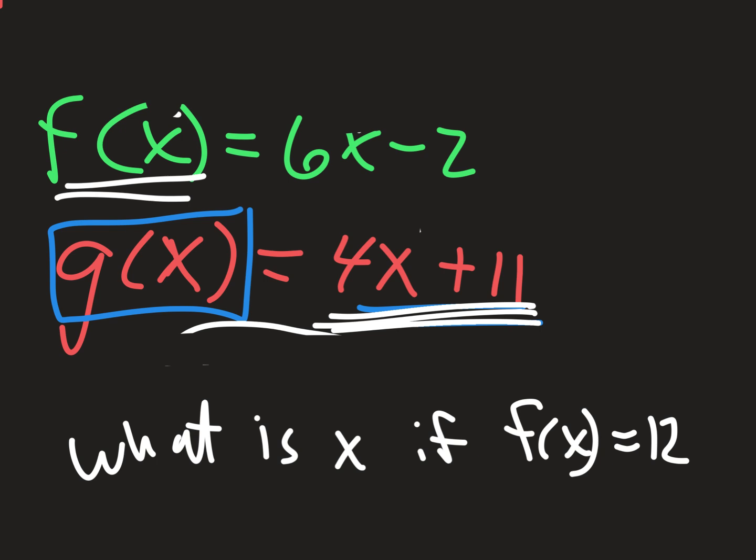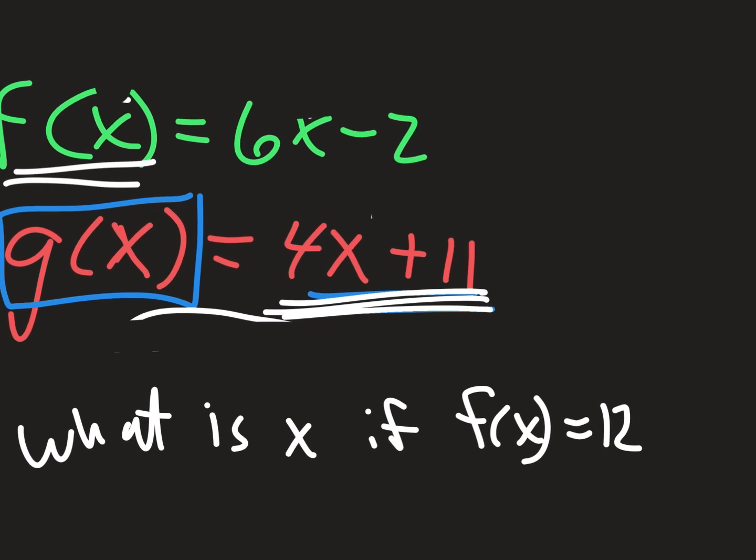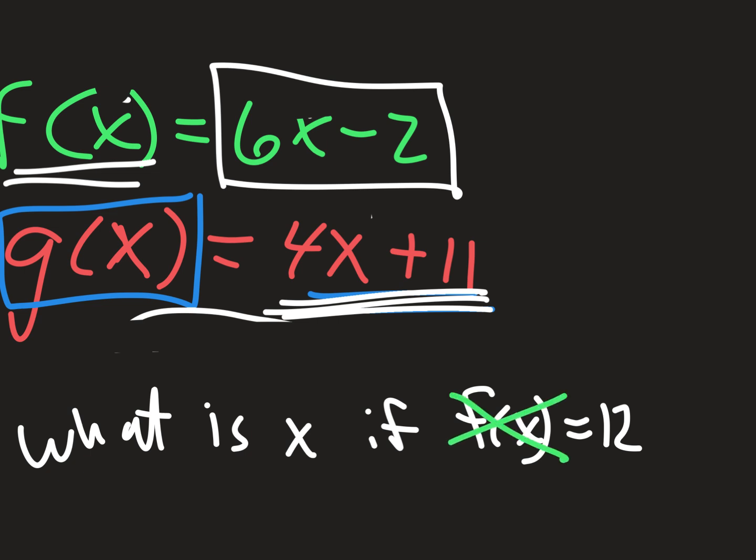Okay, if my partner was struggling with it, they were like, well, show me how to do it. I would say f of x is 6x minus 2. It says right there. So I'm going to cross this off, and I'm going to replace it with 6x minus 2. Because that's what it says it is. And then it's equation, 6x minus 2 equals 12.